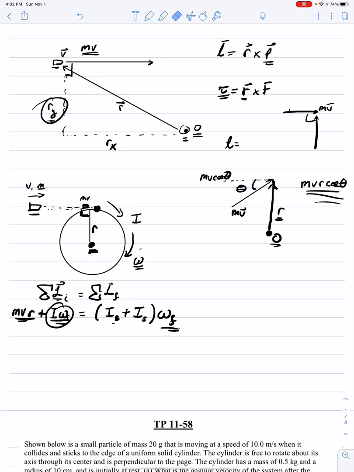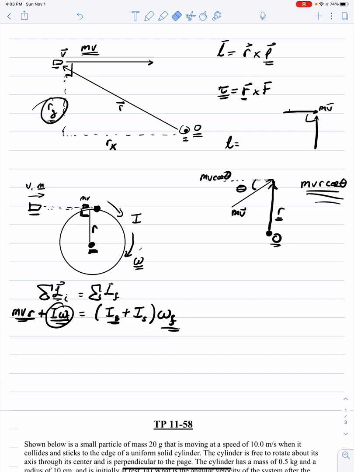Once the bullet is rotating, it has rotational inertia. So that's why it is no longer written as mass times velocity times r. It is written as the rotational inertia of the bullet times the angular velocity. Okay? So that's why we introduce it as rotational inertia.